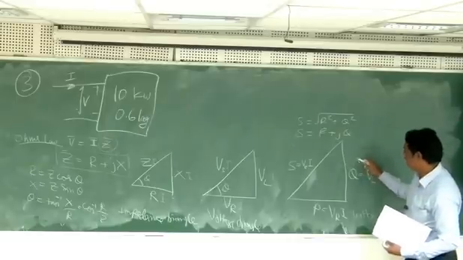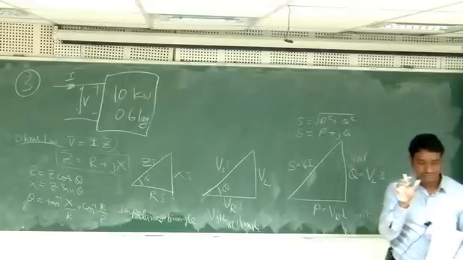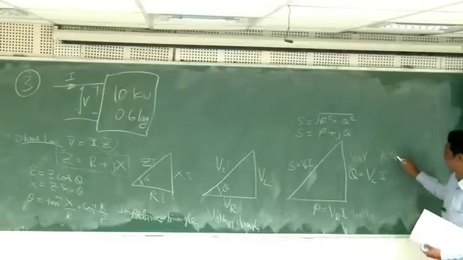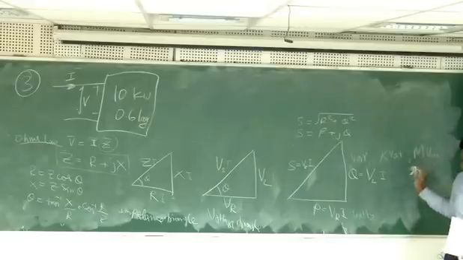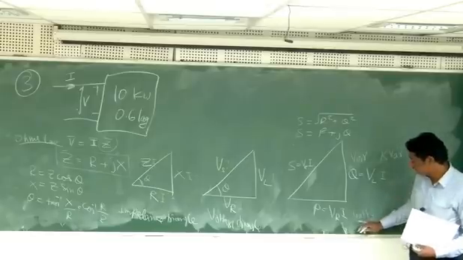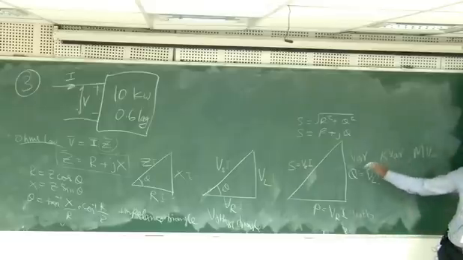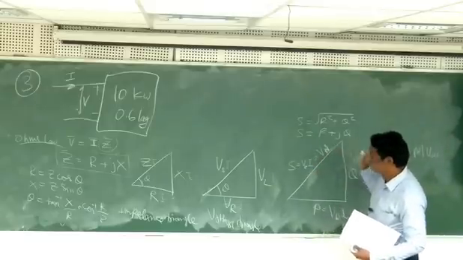VAR, volt ampere reactive. So you can have VAR, kVAR, kilovolt ampere reactive, or MVAR, megavolt ampere reactive. Looking at the unit, watts, kilowatts, megawatts, I can tell whether it is active power, reactive power, or apparent power, whose unit is just VA, volt amperes.